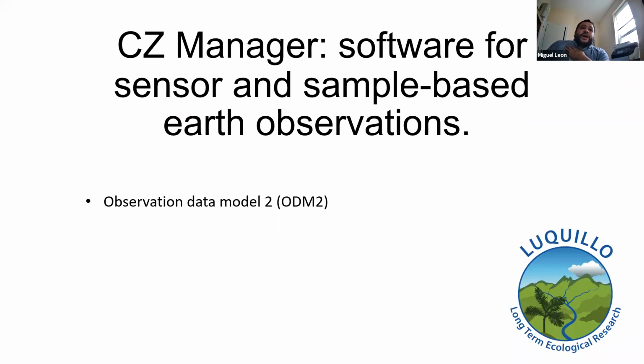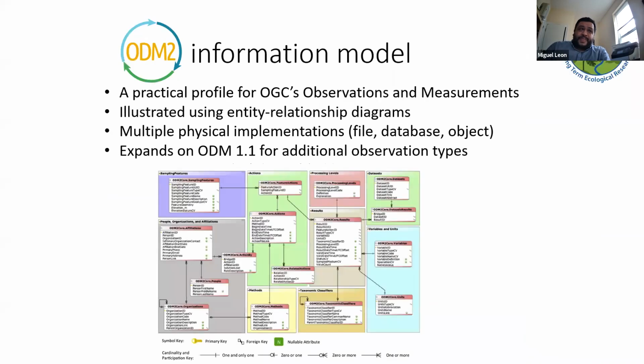Okay, now we go on to the second section of this talk, where we'll talk a little bit more about Observation Data Model 2. And Observation Data Model 2 was another NSF-funded initiative to expand on ODM 1.1 for different types of observations, to make it possible to make more spatially explicit different setups of sites with different types of instrumentation, and we'll go through some examples.